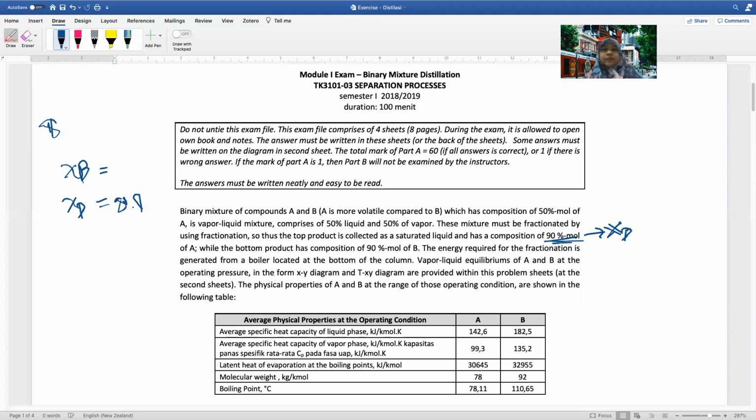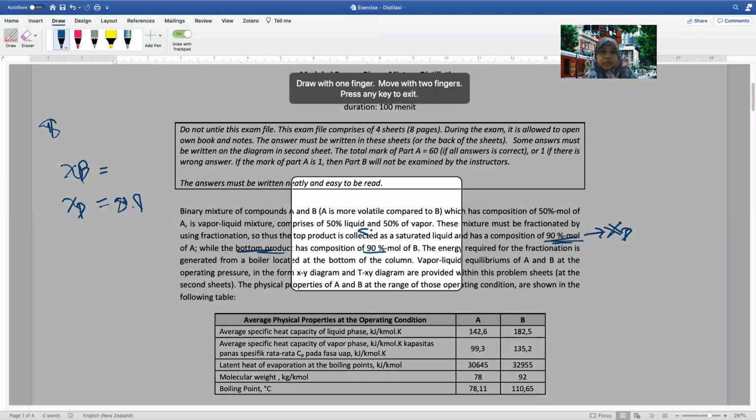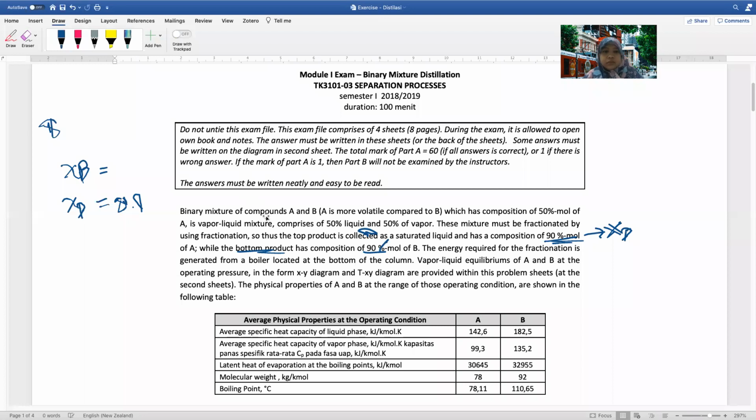What else? And also the bottom product. Anyone else? From the question, ma'am, we can get F, flow rate of feed.